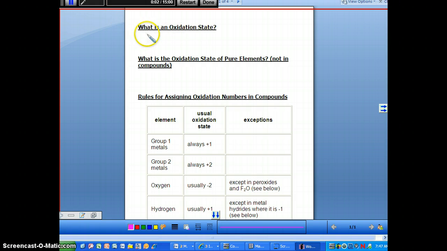An oxidation state is a number that shows the total number of electrons (I'm going to abbreviate electrons with an E minus just because I don't have a lot of space) that have been removed, and if they have been removed, they have a positive oxidation state.